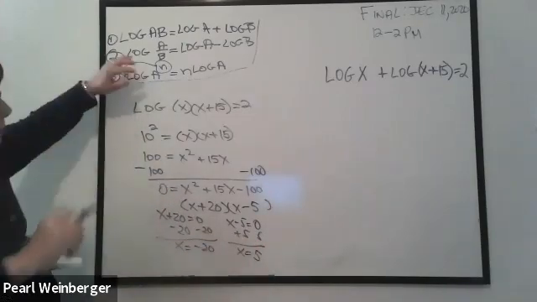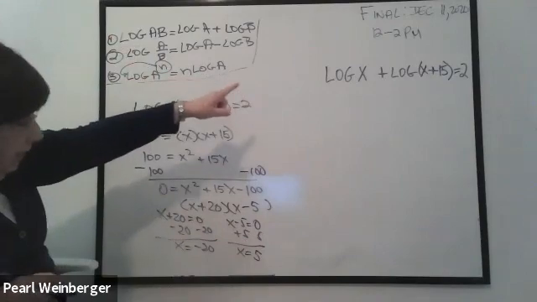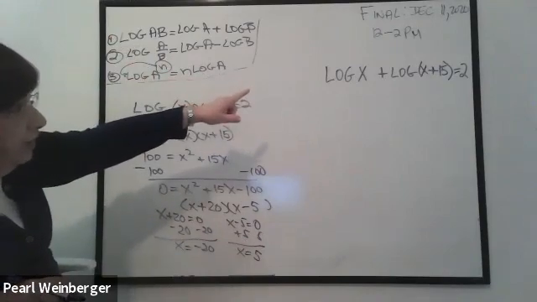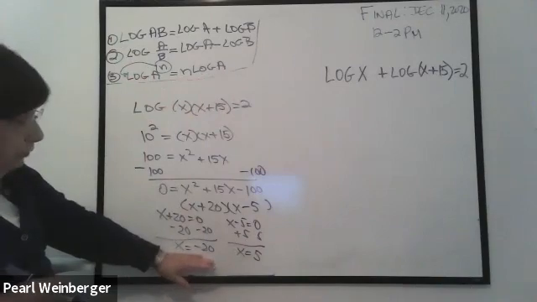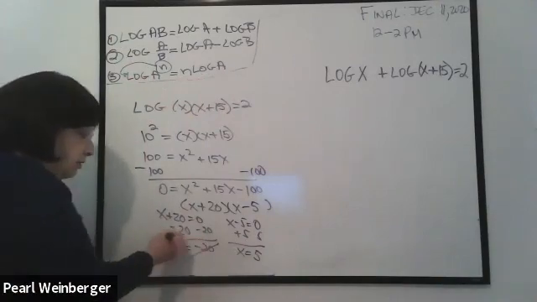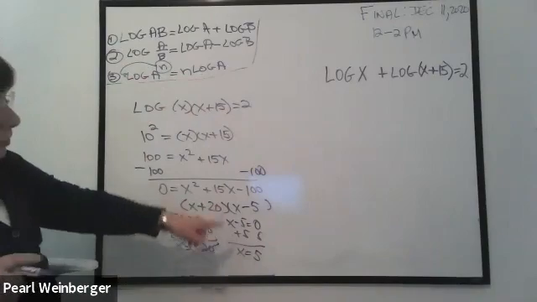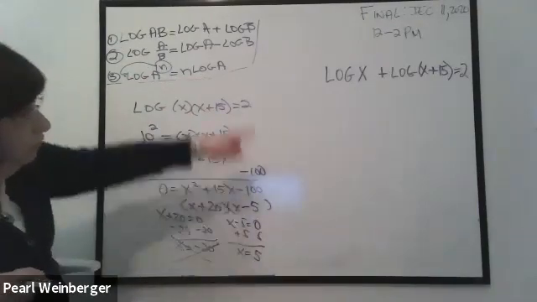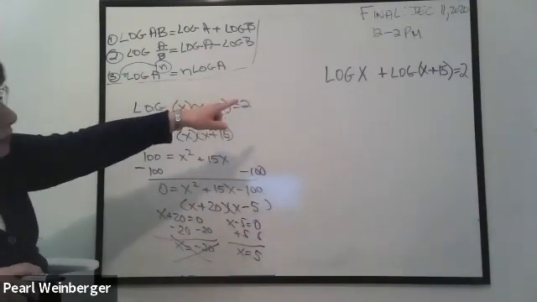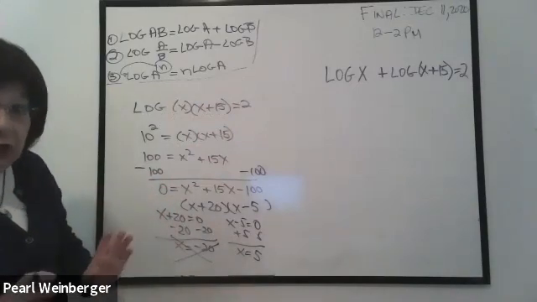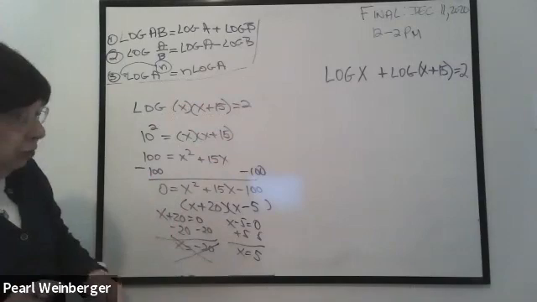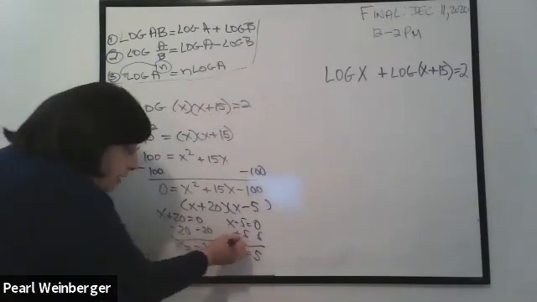And I go back to my original equation, and I see I'm doing the log of x, so I certainly can't do the log of negative 20. I've got to discard this answer, but the 5 certainly works because log of 5, that's a positive number. I just have to check and make sure that I'm not taking the log of a negative number.